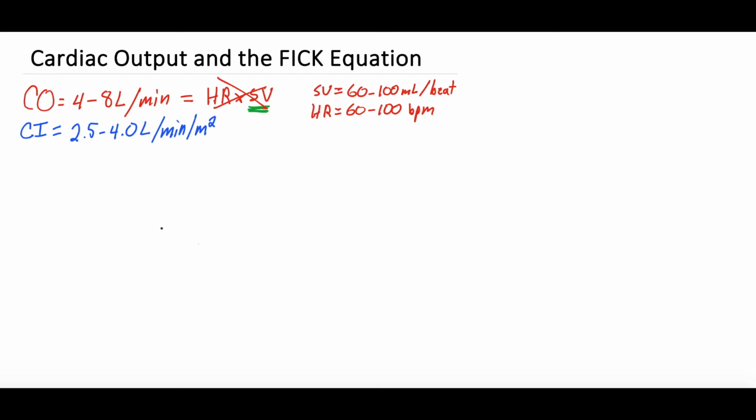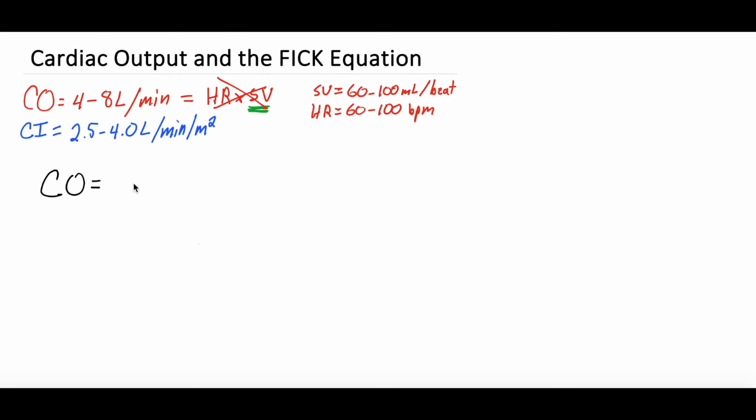Okay, what is the Fick equation? Well, to start with, the Fick equation goes cardiac output equals a constant on top, which tends to be 125 milliliters of oxygen per minute. Actually, no, we're going to go back even one step further.